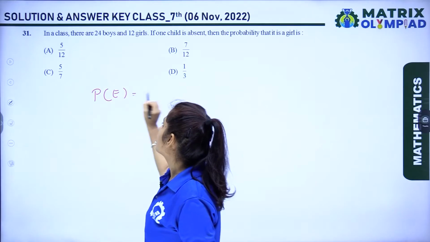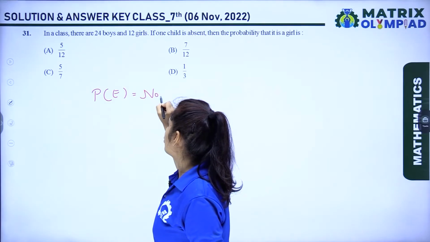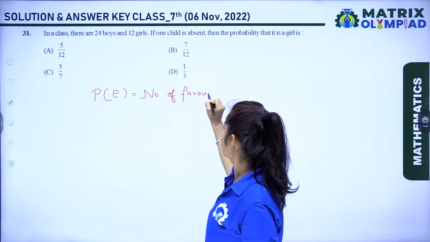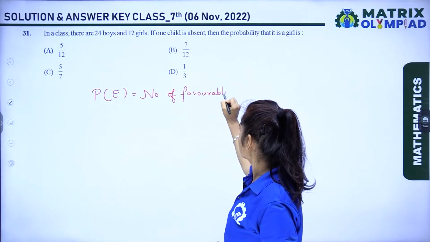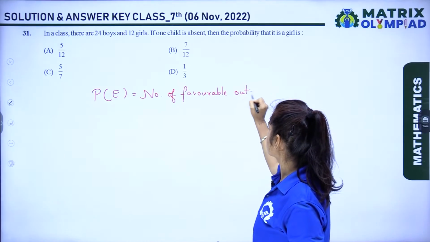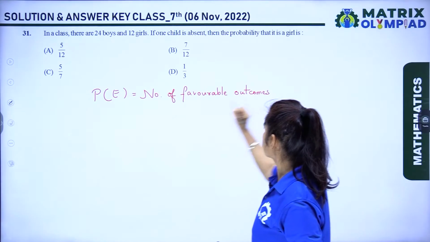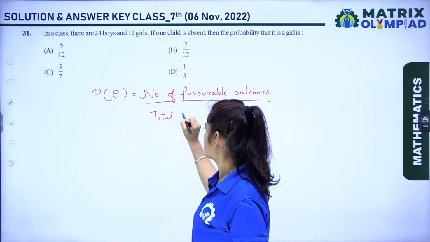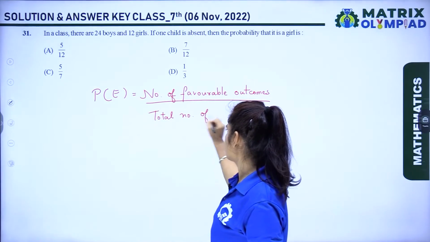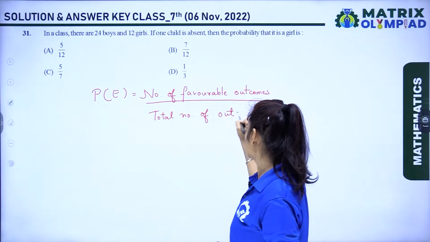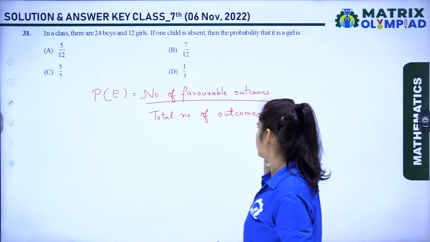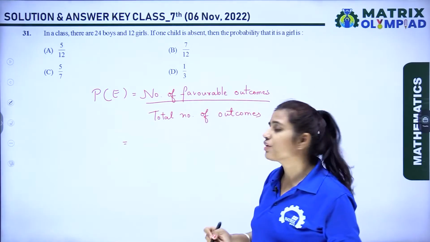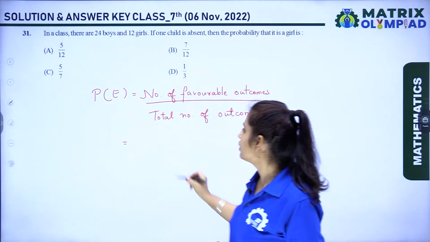That is number of favorable outcomes upon total number of outcomes. So here, total number of favorable outcomes, we have 12.